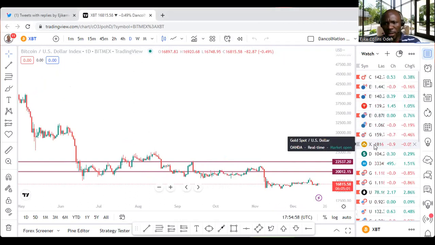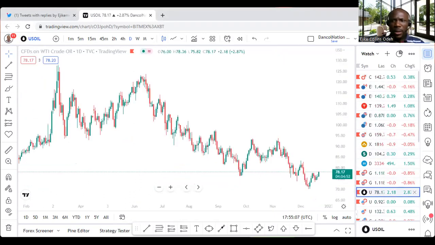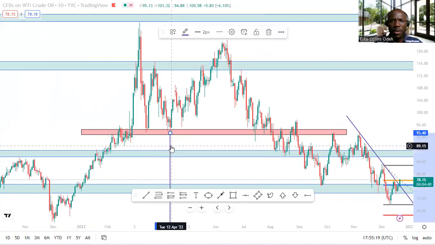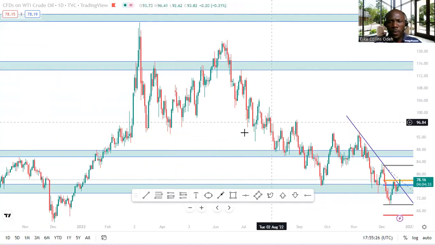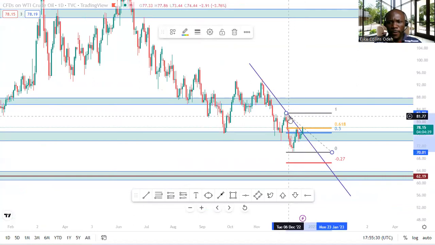Let's go with crude oil, looking at this trend, how to identify trend reversal. All right, let me take out every other thing that I have here.